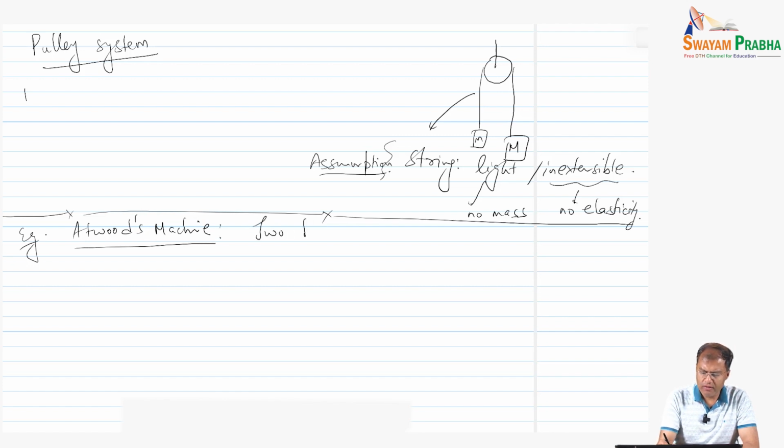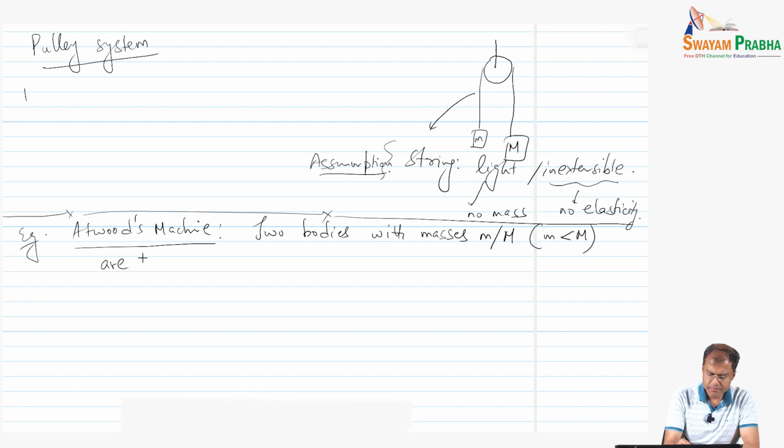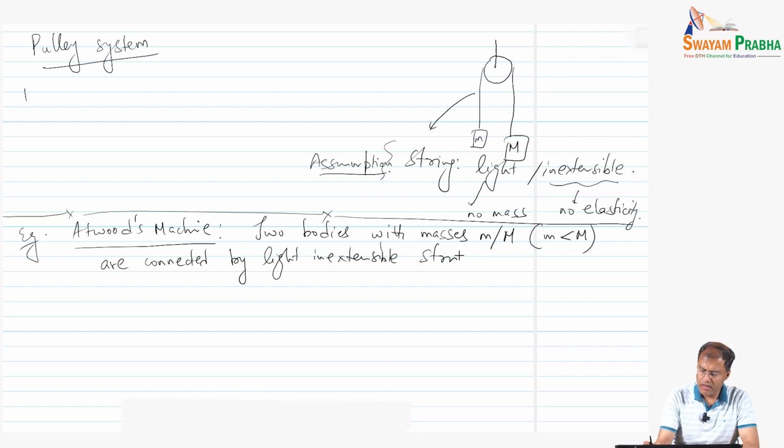We have two bodies with masses small m and capital M, where small m is less than capital M, and they are connected by a light inextensible string, and the pulley system moves up.